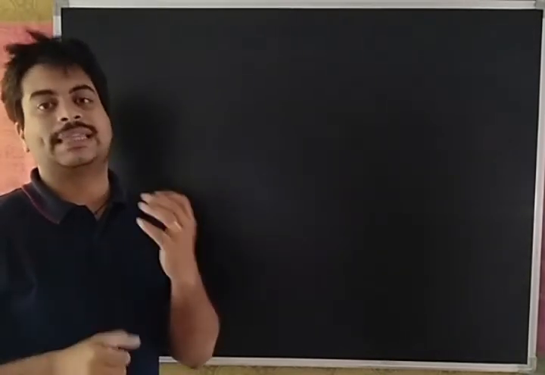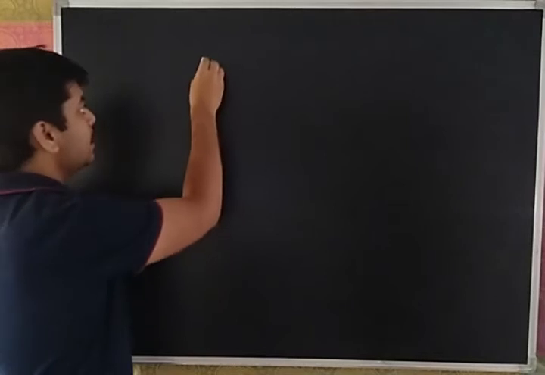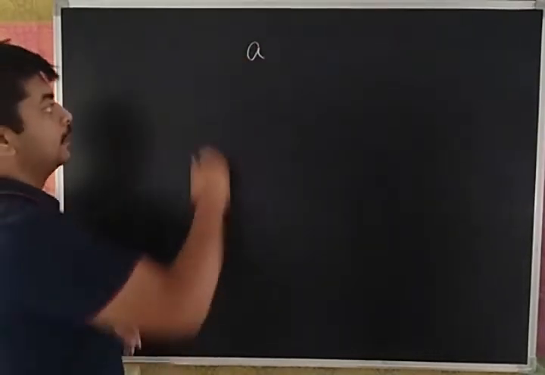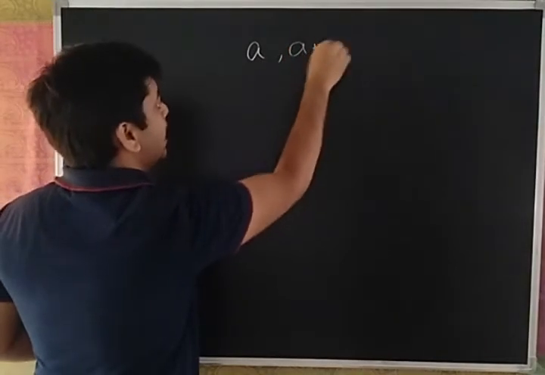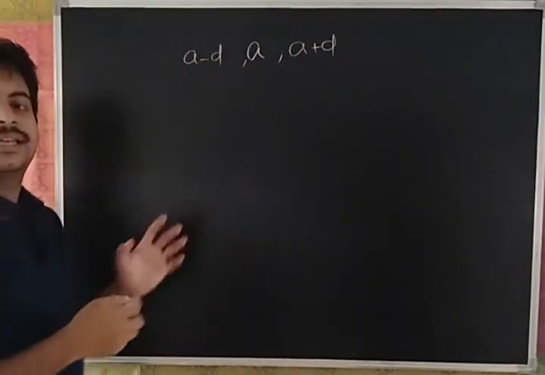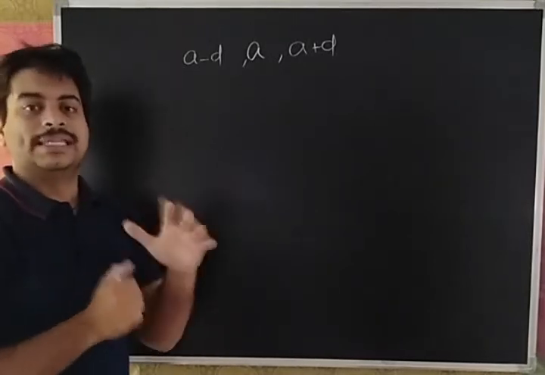If you want to select three terms, what will we do? We will take the second element as A, the third element as A plus D, and the first element as A minus D. Why are we taking it like this? Any importance of this? Yes, see here.